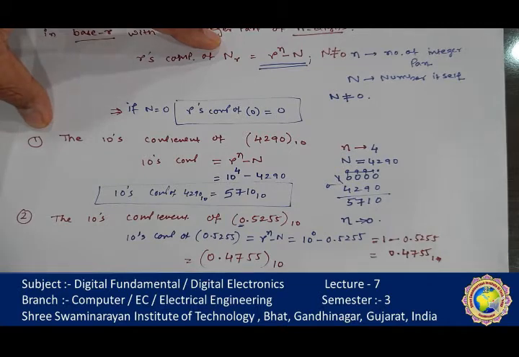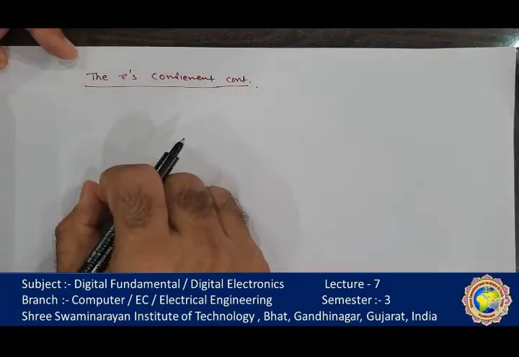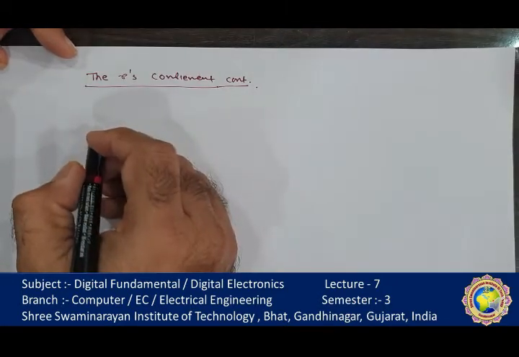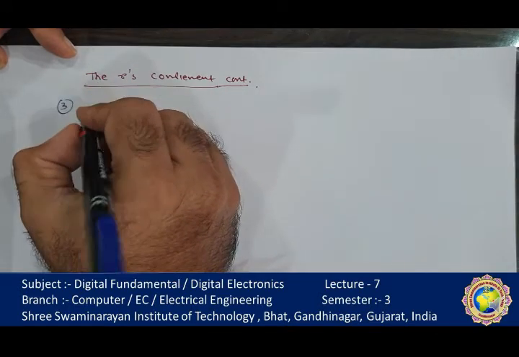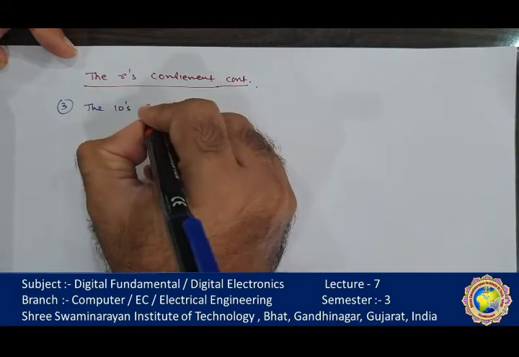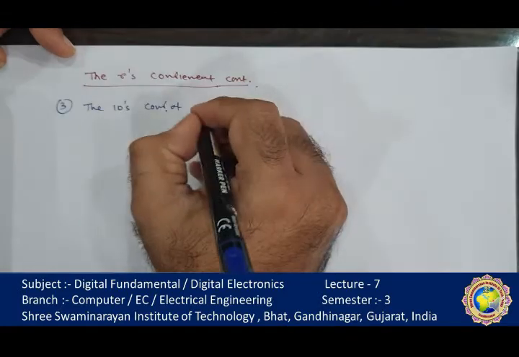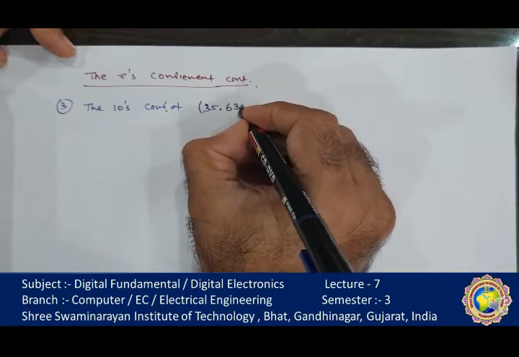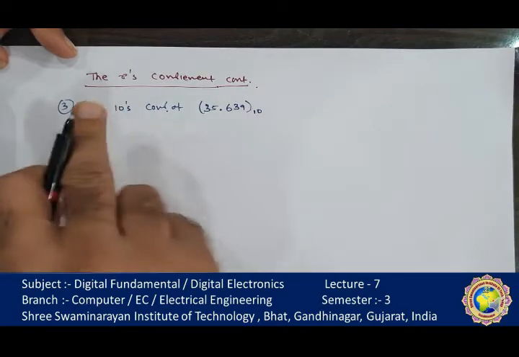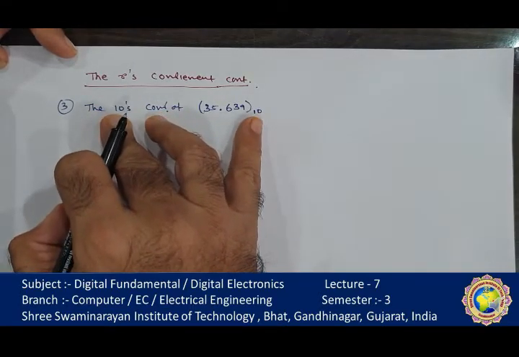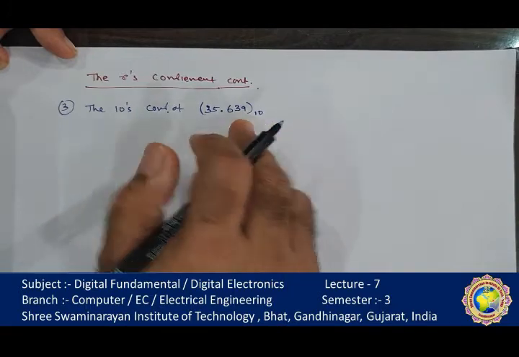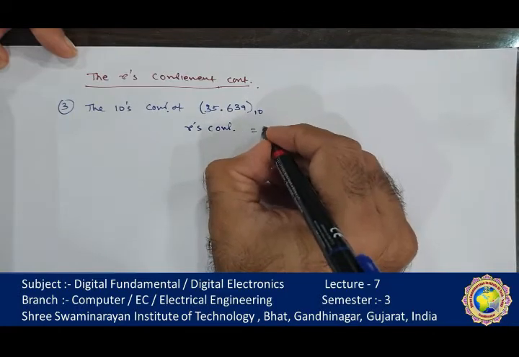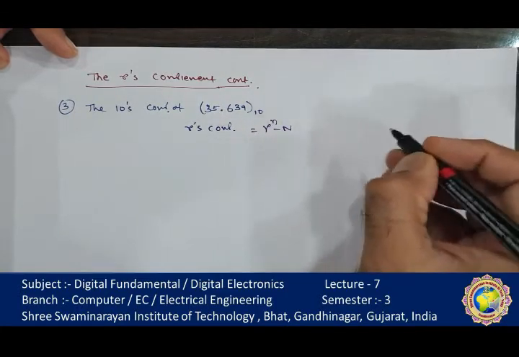Let us take an example where the integer part and fraction part are both there. This is the third example: the tens complement of 35.639 in decimal. Remember, when the complement is written, we have to compare with the base. Here it is the tens complement of a decimal number, so it is the R's complement. As per the definition, this is R raised to small n minus the number itself.